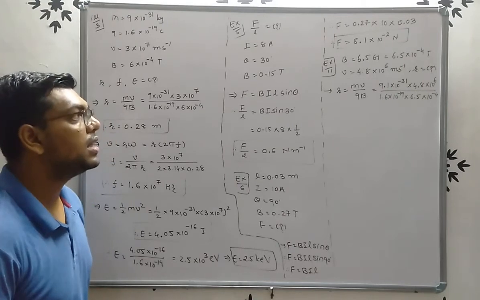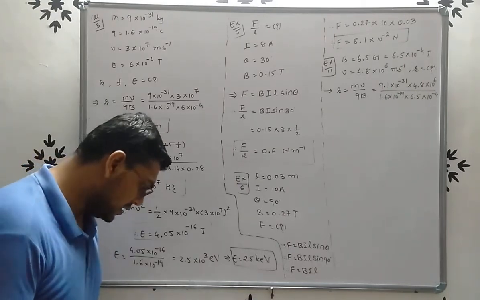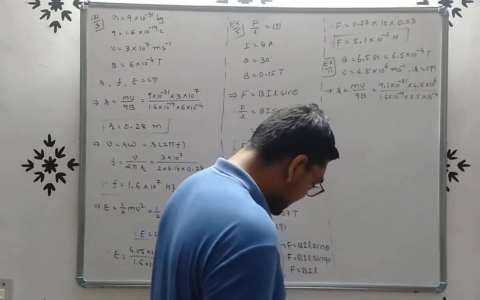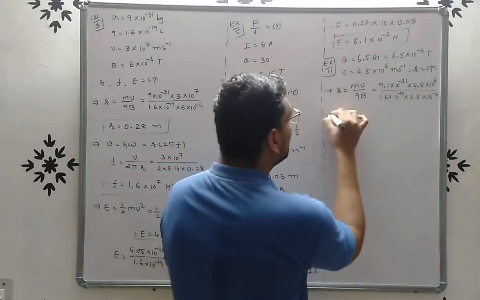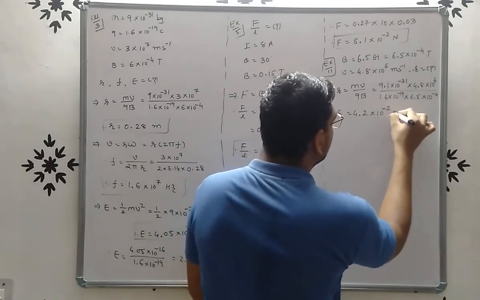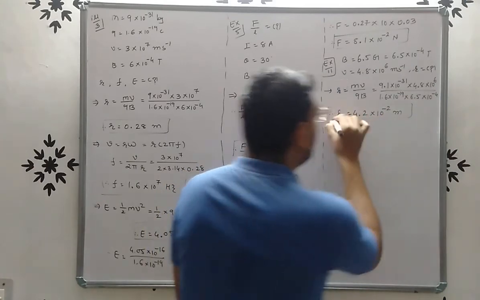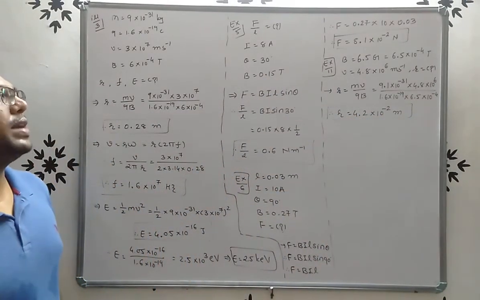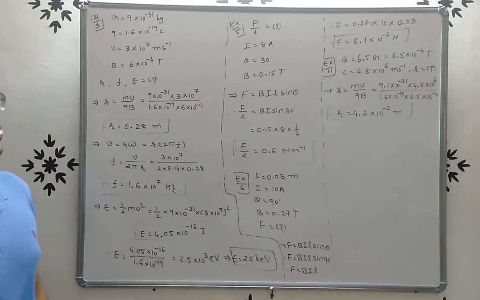ratio, then you can easily find the value of radius, that is R is equal to 4.2 into 10 raised to minus 2 meter, right? So this is a very easy example.